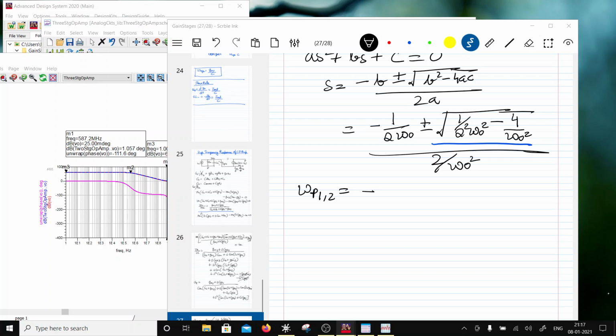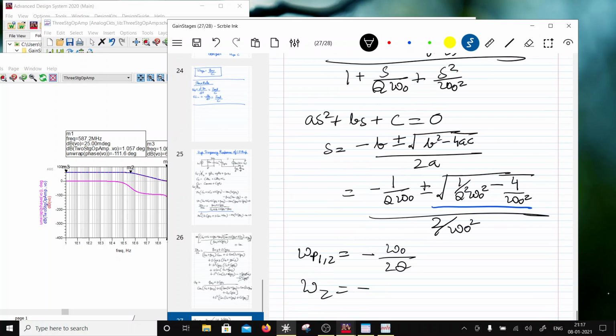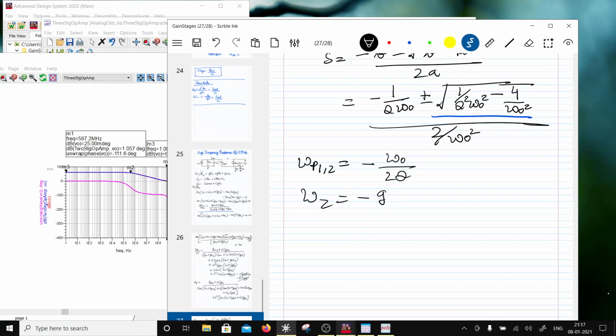So I'm looking at omega naught by twice of Q. This is going to be my pole, and then 0 would be equal to minus of this term, which is GM3 by CGS3.